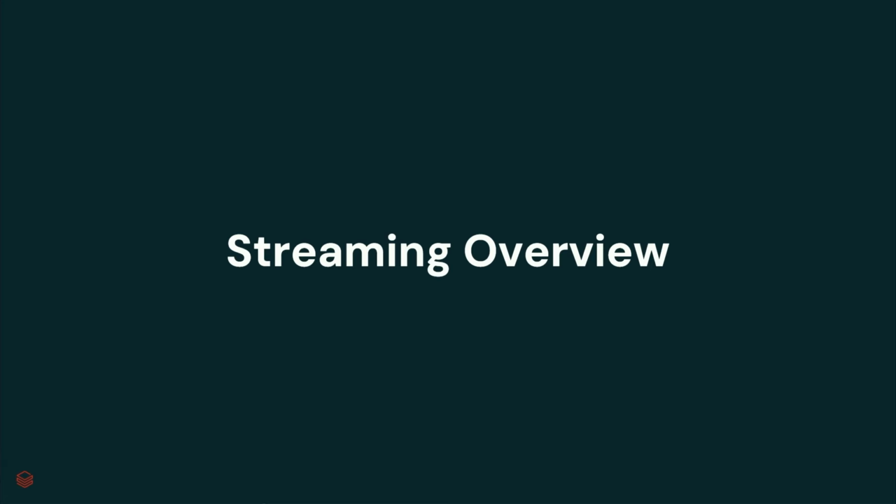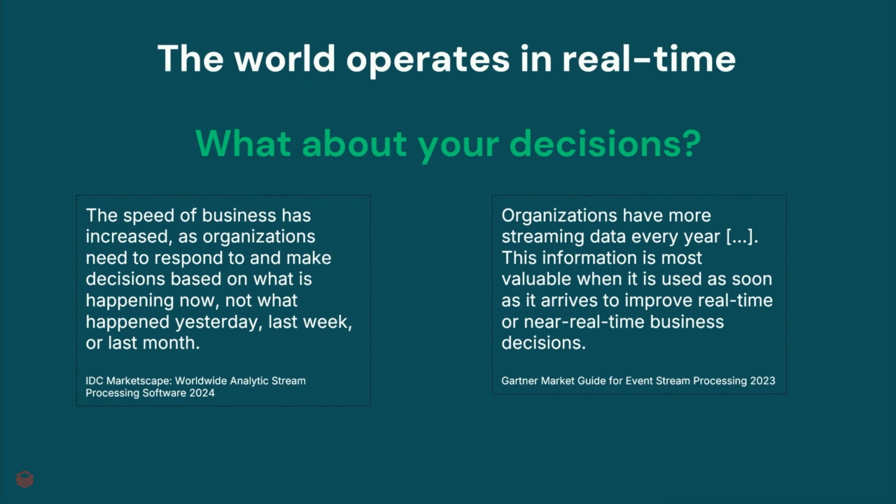So let me give a streaming overview. The world operates in real time. So what about the decisions? In fact, the speed of business has increased nowadays, but even then data is analyzed every day or every week, and that is not competitive enough. So you need to do it right now and in real time.